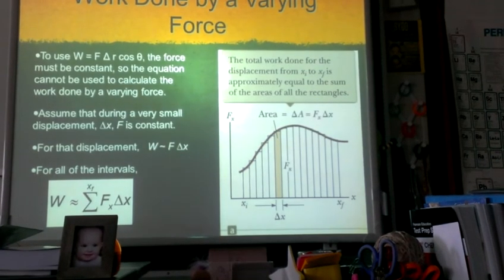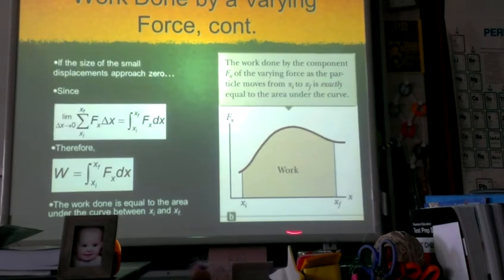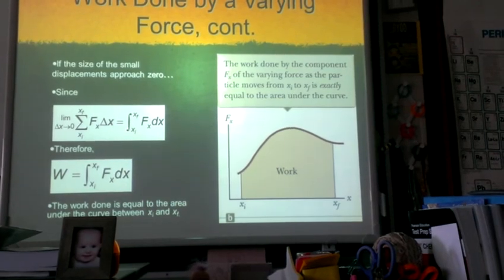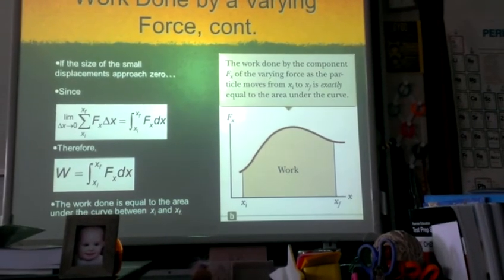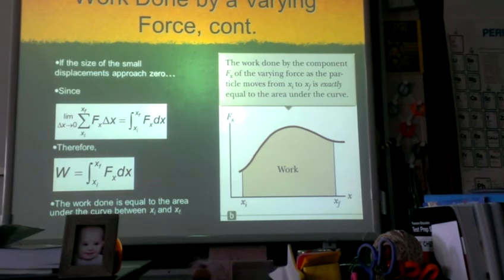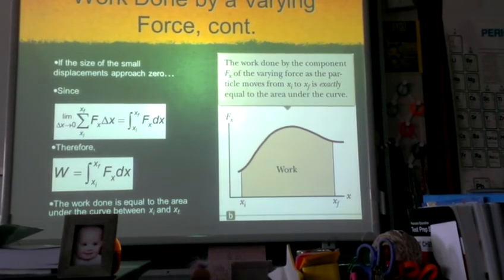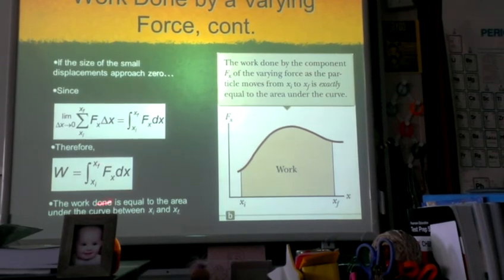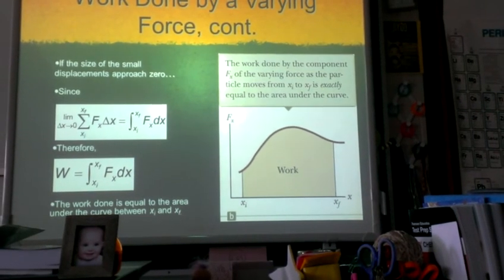So all I'm doing is integrating then. All of these that I'm adding up together is going to be equivalent to the amount of this shaded region that I'm about to calculate here. So doing the limit is the exact same thing as calculating the area under this curve, and that's how we can find the amount of work. So we're going to designate work as taking the integral from the initial x to the final x of F sub x, that applied force, dx. So it's going to be with respect to the x-axis.